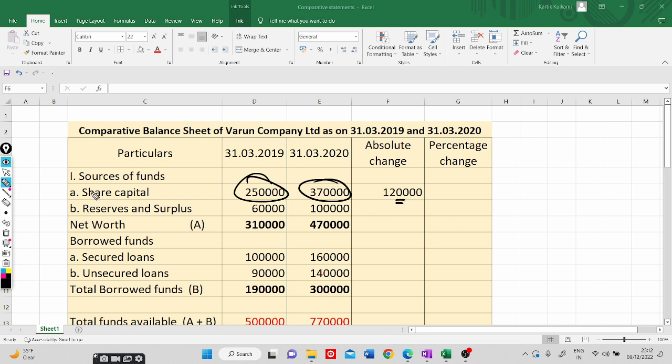So we can see the share capital is increased by 1,20,000. Now we can find out the percentage change.